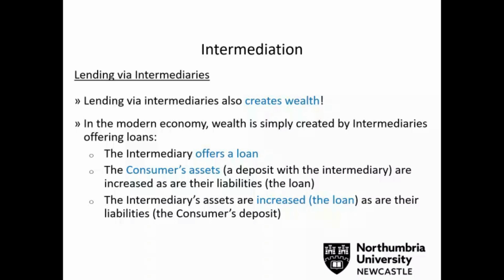Now, if we look at this from the modern economy point of view, then the intermediation process, I've obviously used the word loan over and over, but that's what I'm really referring to. The beauty of the intermediary process is that the bank's asset is your liability. The bank's liability is your asset. So that's how they transform it.